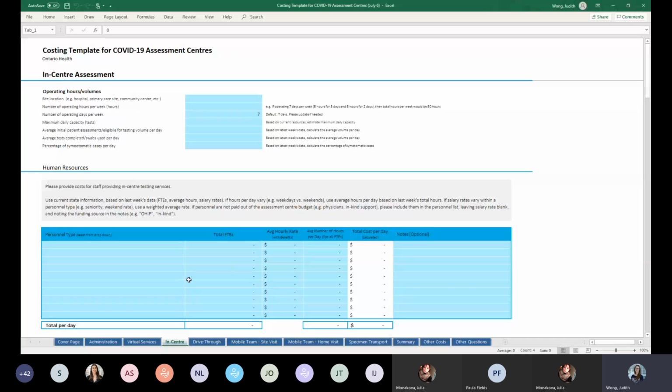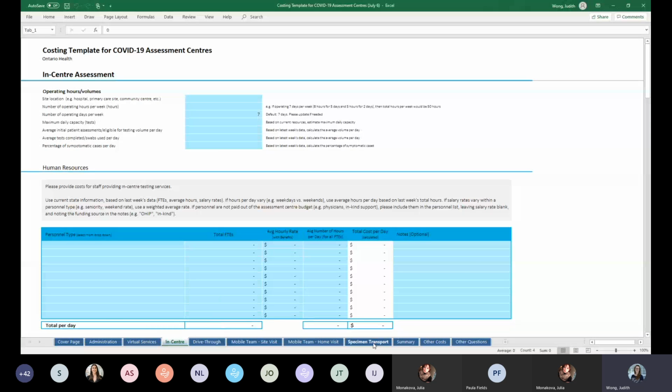If your 3 sites have quite different cost structures, you can alternatively submit 3 separate templates to us with the information filled out differently for each of the 3 sites. That's also acceptable. Just let us know when you email us the results that that's what you have done.